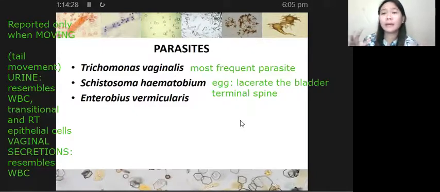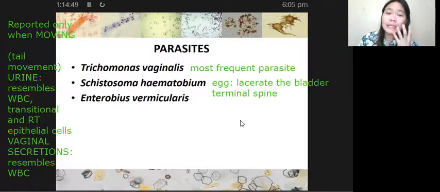'Di ba? Sa parasitology, ang ginagamit nga natin na term in order to describe the terminal spine of your Schistosoma hematobium is, it is conspicuous. Okay, conspicuous, class, ibig sabihin malaki yung kanyang terminal spine.